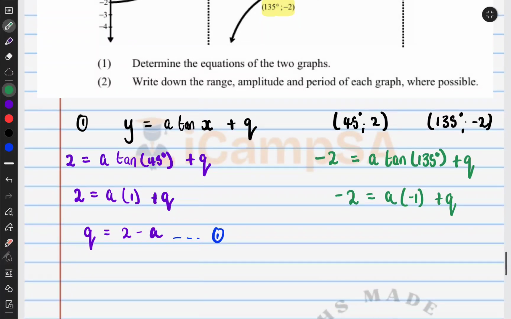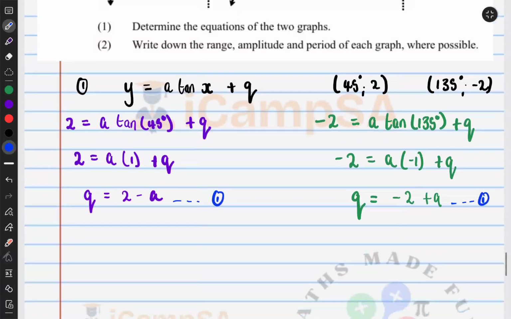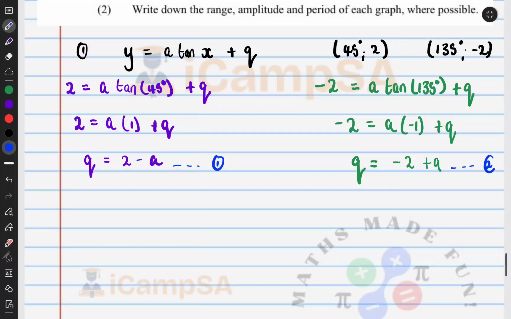Therefore, let's make q the subject. q is equal to negative 2 plus a, this being our second equation. Then we equate the two equations: 2a is equal to minus 2 plus a.